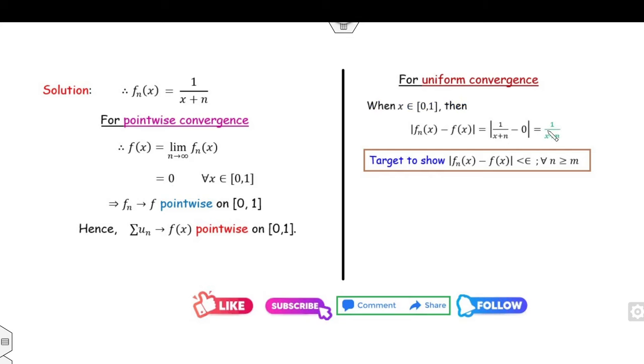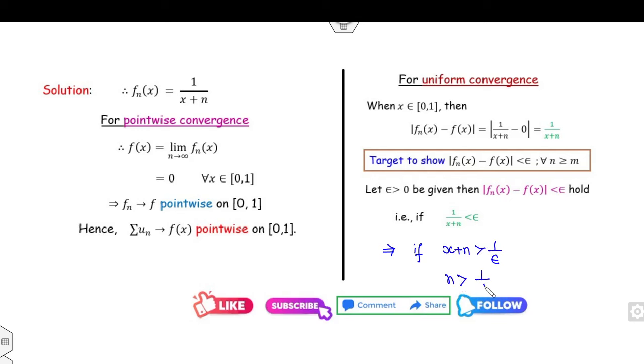Now, let epsilon greater than 0 be the given number such that this quantity holds. That means 1 over x plus n is less than epsilon. Your target is to find the value of n. So can you find the value of n? So x plus n is greater than 1 over epsilon. n is greater than 1 over epsilon minus x. Fine. Every time you need to find the value of n.